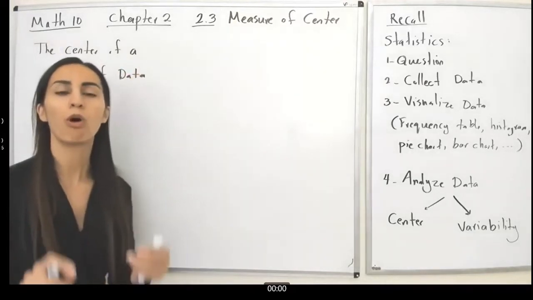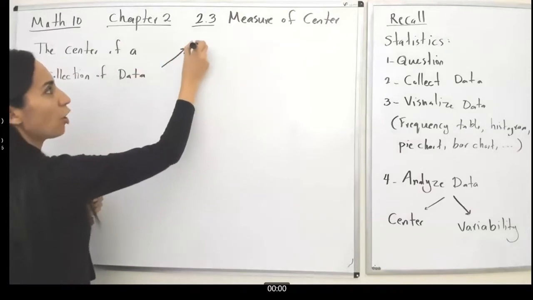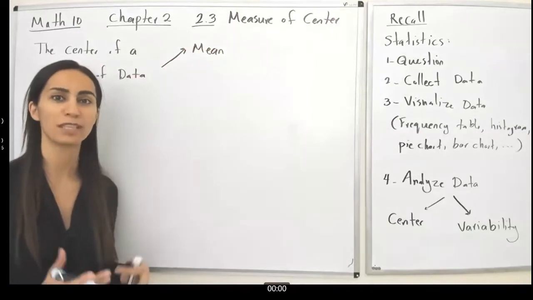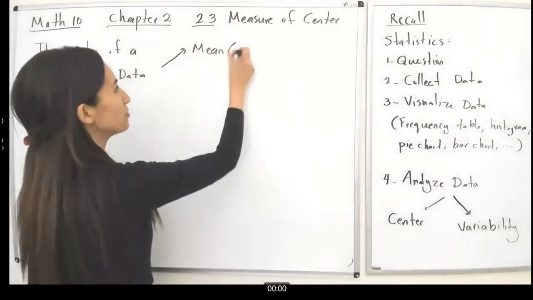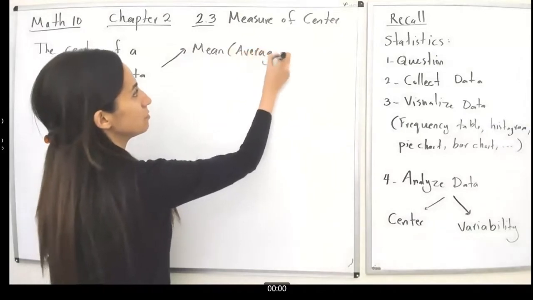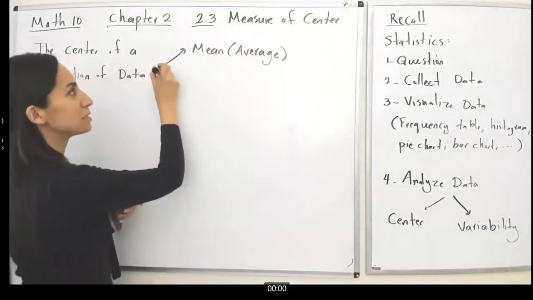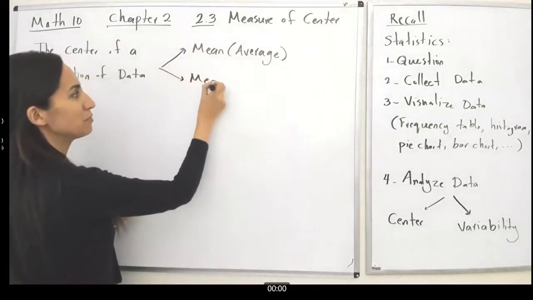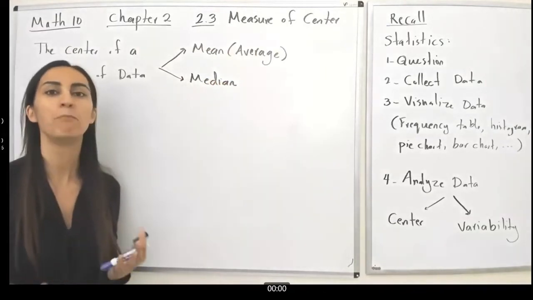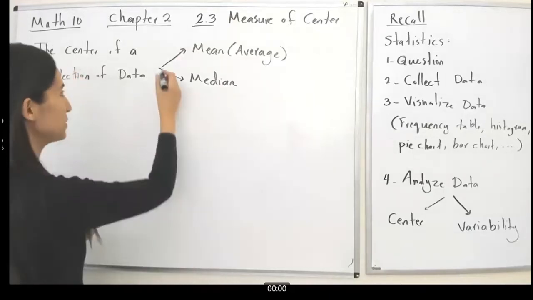can be one of these three things. It can be either mean, or another word for it, the average, or it can be median, the middle number, or it can be mode, the value with the highest frequency.